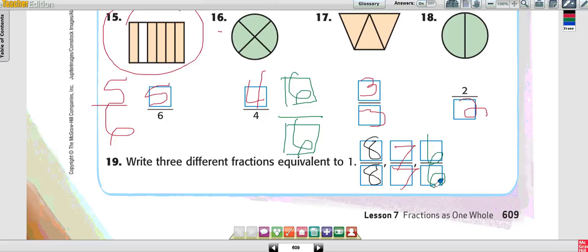Does it have to be those? No. If you have 100 over 100, fine. That equals 1. If you have 1 billion over 1 billion, that equals 1. If you have Mr. Portito over Mr. Portito, that equals 1. Okay. The point is that the fraction that's equivalent to 1, the numerator has to be the same as the denominator.